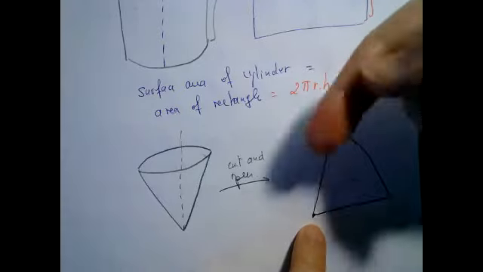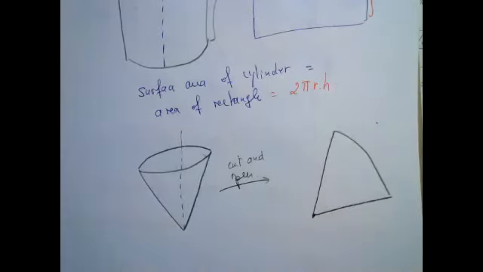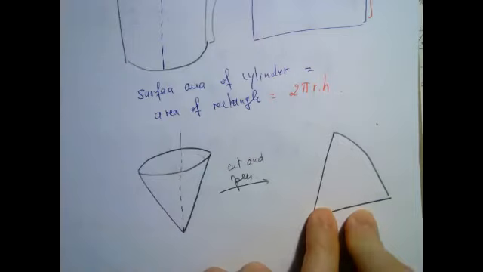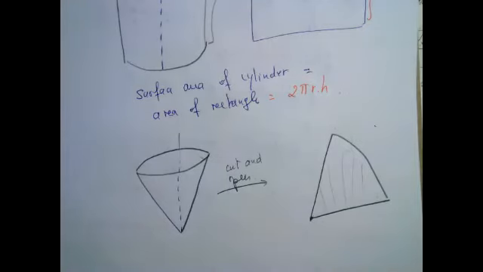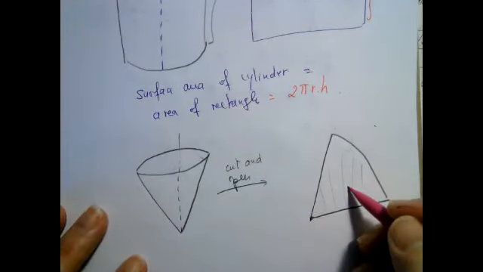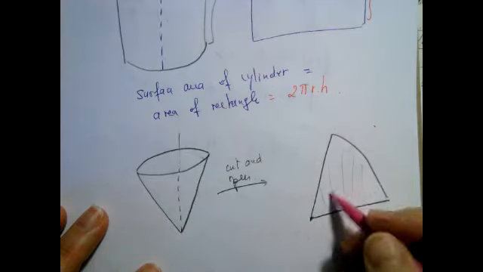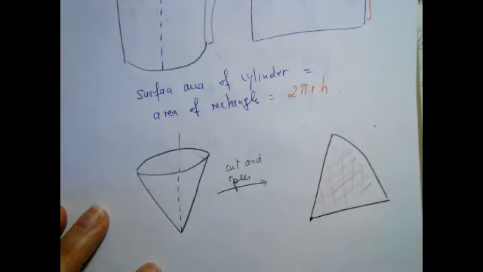If you take this one and you fold it, you get exactly a cone. So the surface area of a cone is actually nothing more than the area of this piece. So the surface area of a cone, I open it, I get this picture, is the area of this piece right there.